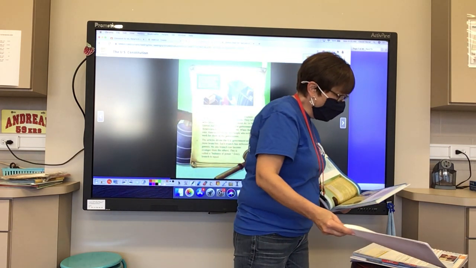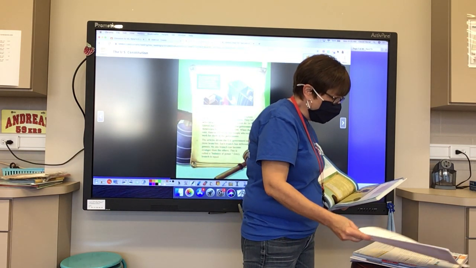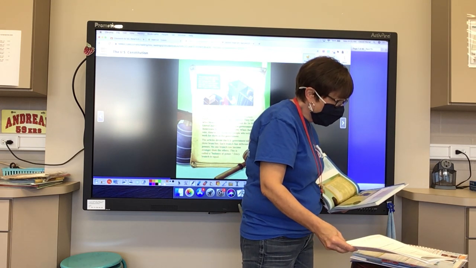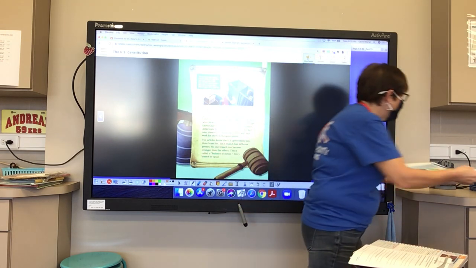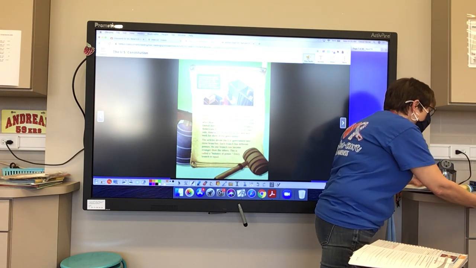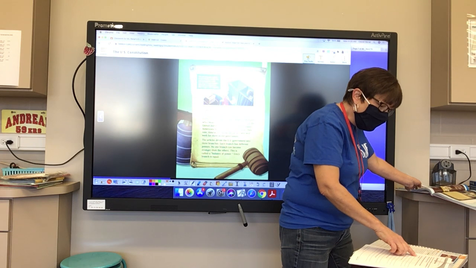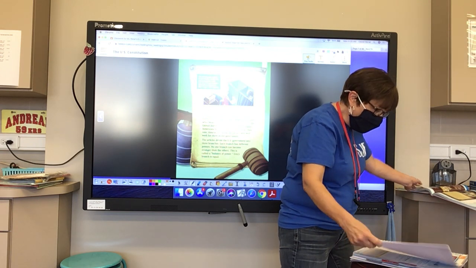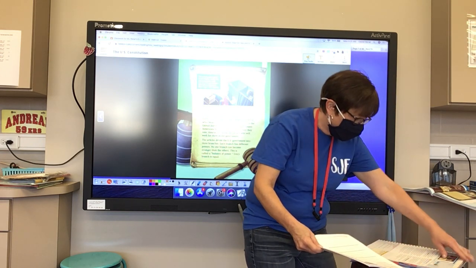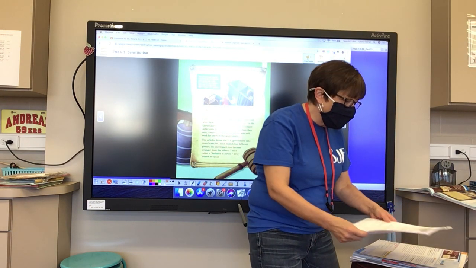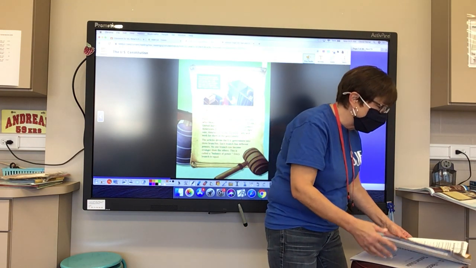So boys and girls, let's look at that. What do we know? It says, does the illustration on page 237 connect to the sidebar?